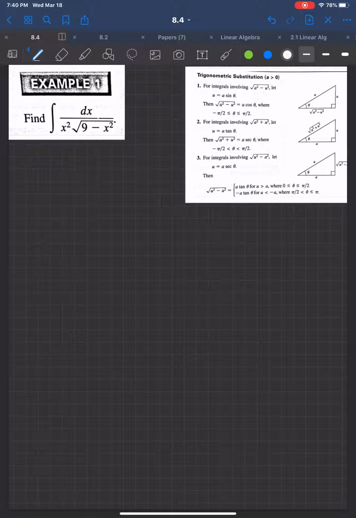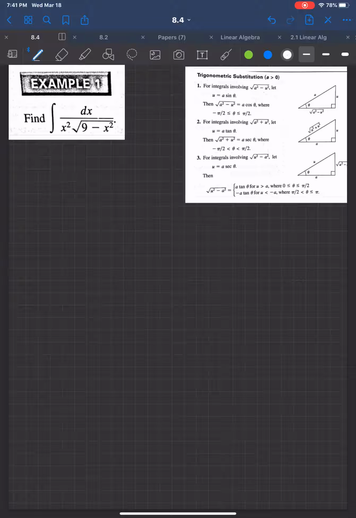But this one won't work here because of this x squared. If we had just an x, then we could go back and use some of those previous integration methods. But because of this x squared, we're going to need a new method. Let's see what we can do.